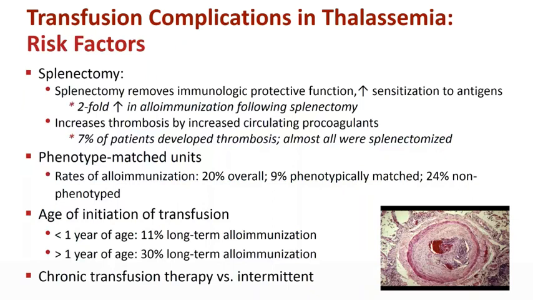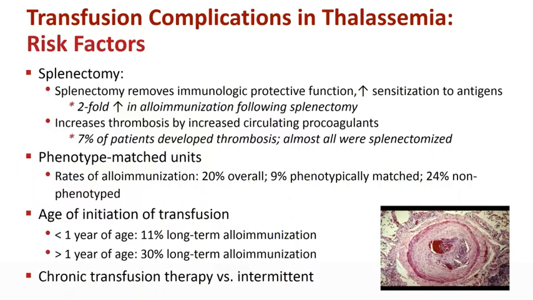Now, there are risk factors that complicate the transfusions and increase transfusion-related events in thalassemia, and I highlighted some selected risk factors. One is splenectomy. The utilization of splenectomy has gone from 3/4 of patients being splenectomized to a cautious concern to only use it in the most selected cases. That is because splenectomy removes the immunologic protective function for the patient.